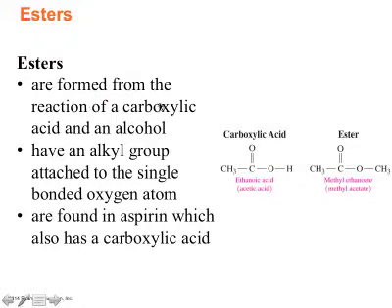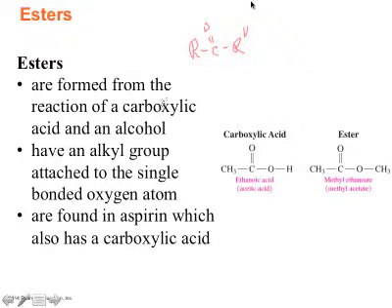Esters are like ketones. You make them by taking a carboxylic acid and an alcohol. So we will explore that some more as we go along. You remember how ketones had the carbonyl group in between 2 R groups, R carbonyl R prime.